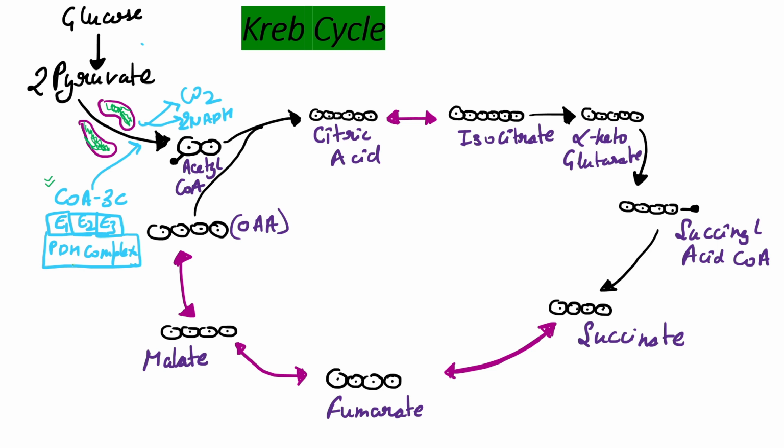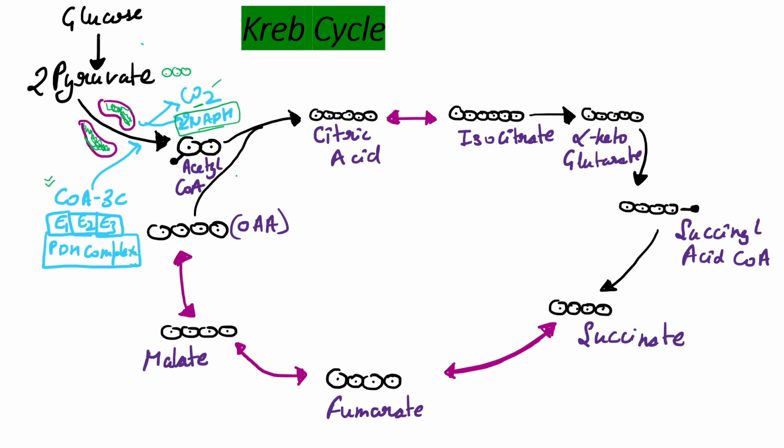PDH means pyruvate dehydrogenase complex. It is giving out a CO2 molecule, so pyruvate, which was a 3-carbon molecule, is now converted into a 2-carbon molecule because one carbon is lost, and NADH is produced in this particular step. So in the first step we are getting CO2 out, right, and NADH is produced.